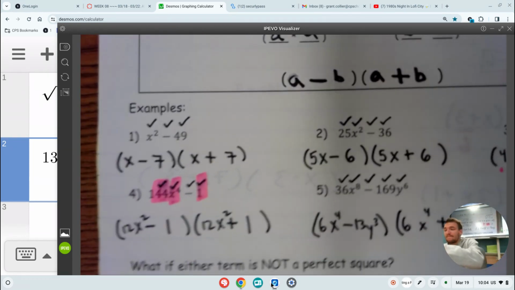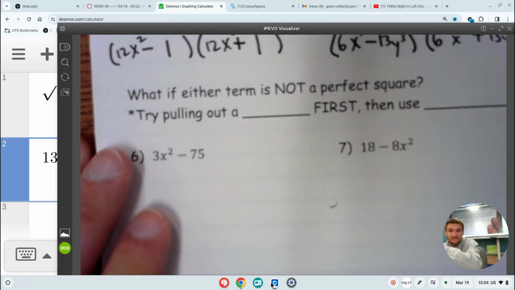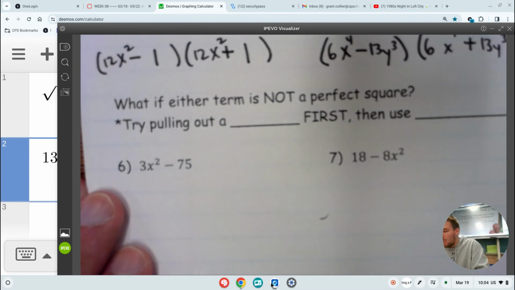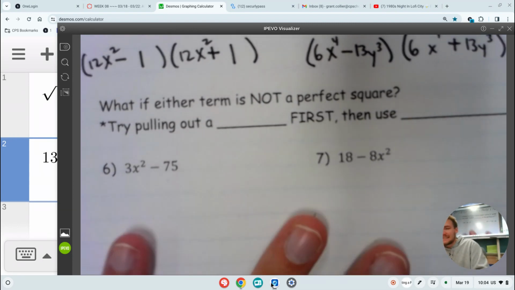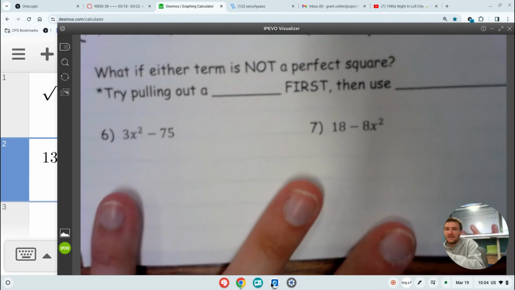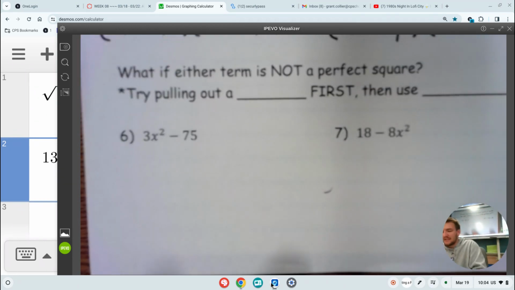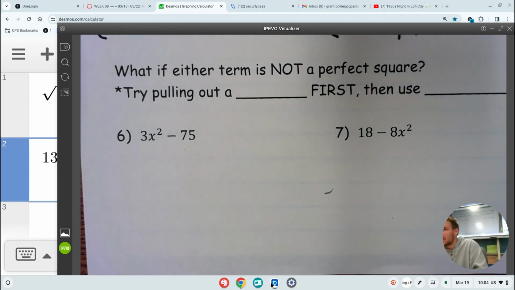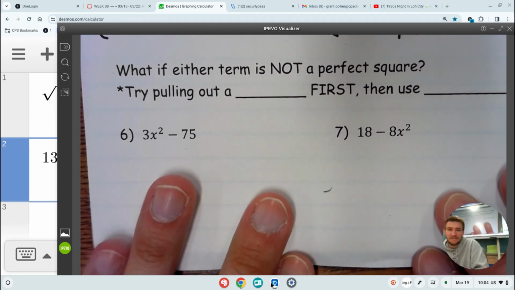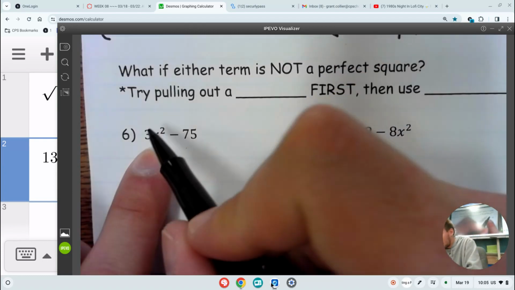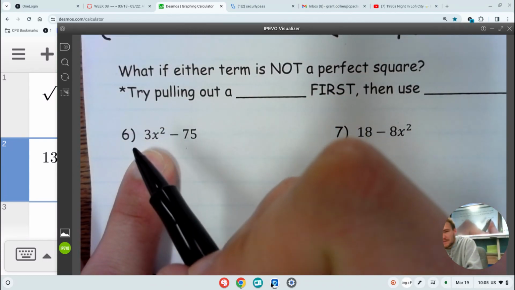Okay, down here. What if a term is not a perfect square? Look at this. This is for sure the hardest question on the quiz and perhaps even the test that's coming up. Is 3 a perfect square?